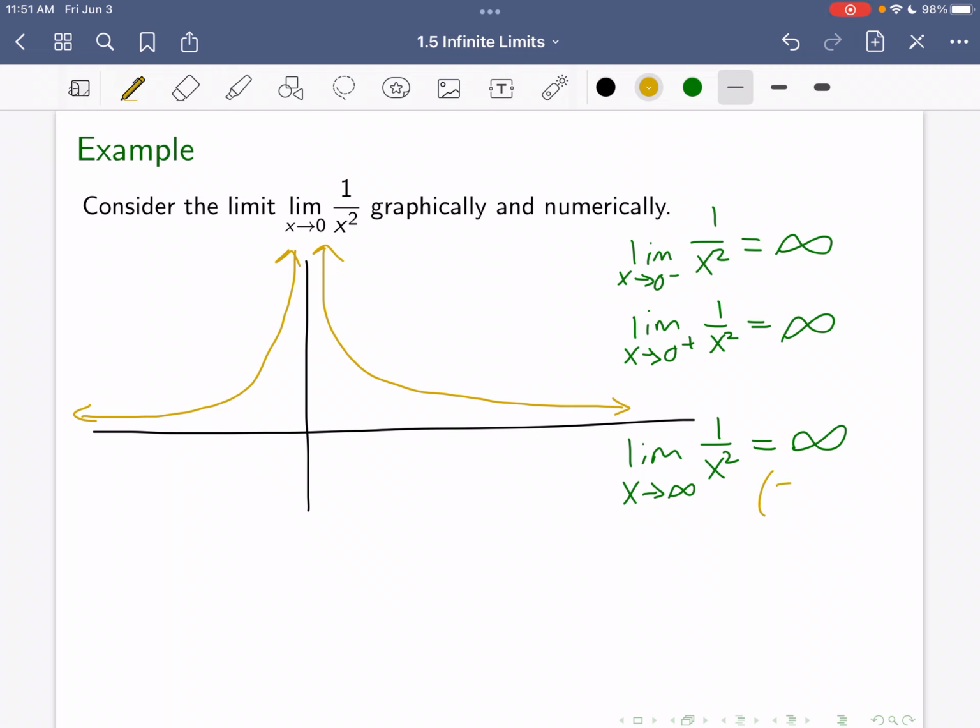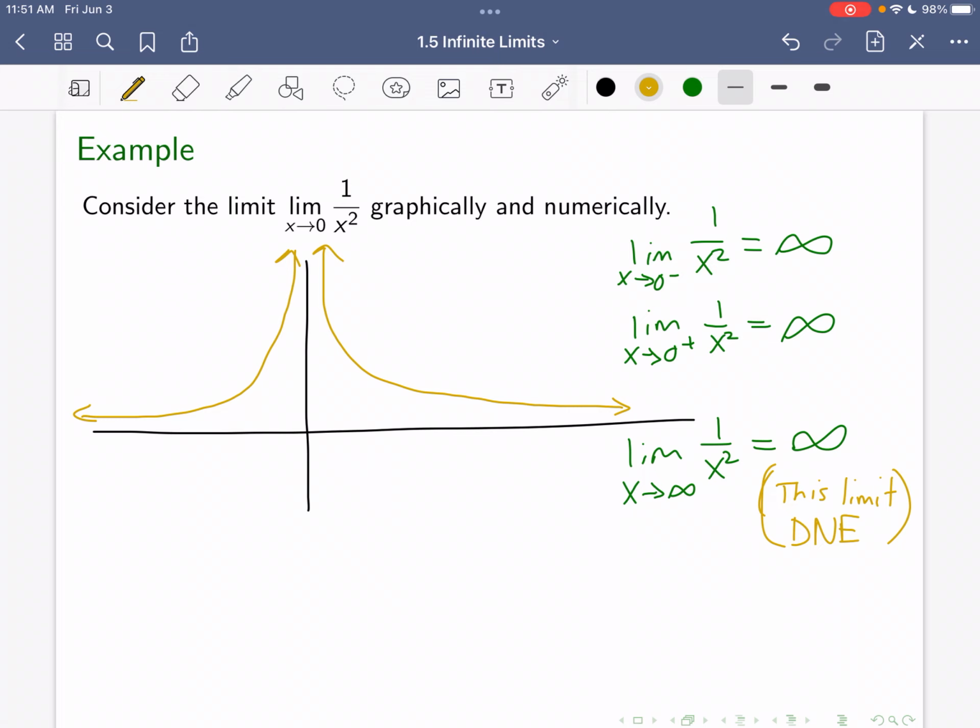Right? So this limit, even though we will write that it's equal to infinity, this is a specific description of some limits that do not exist. So this gives us a little bit more information about why it does not exist.